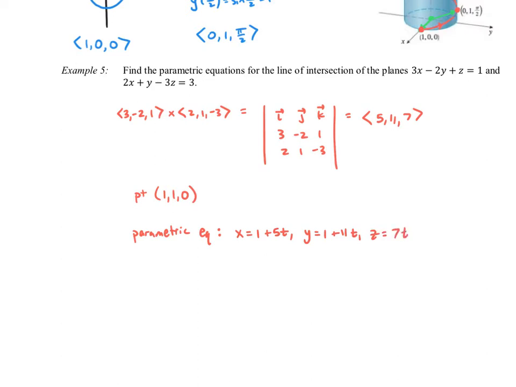And so if we were to look at our vector function here, so sort of the new terminology we're using, it's r of t, which is equal to 1 plus 5t, 1 plus 11t, and then 7t.